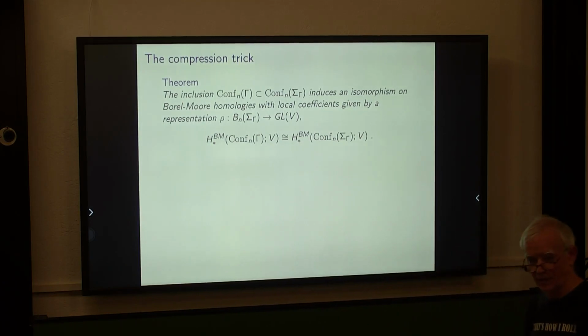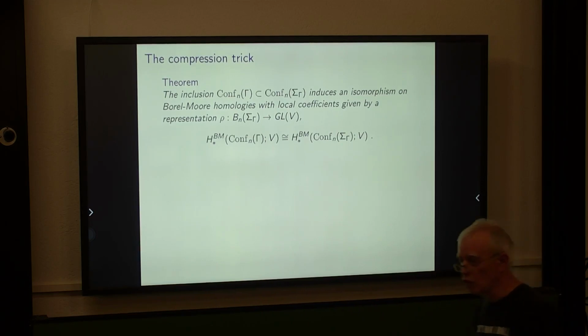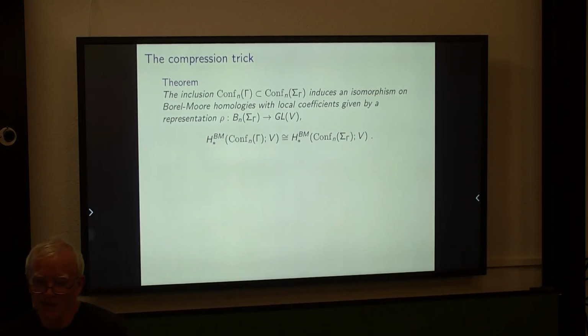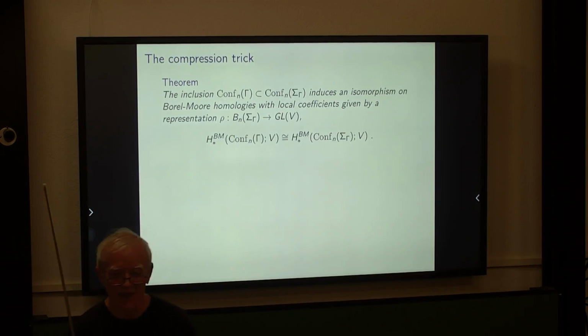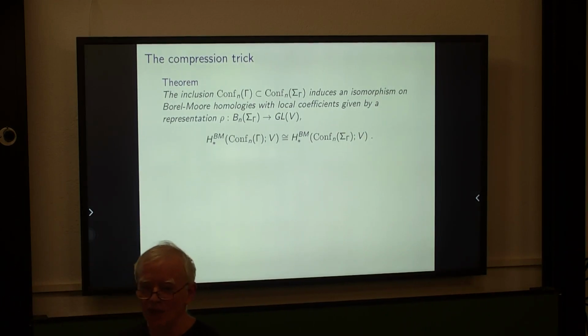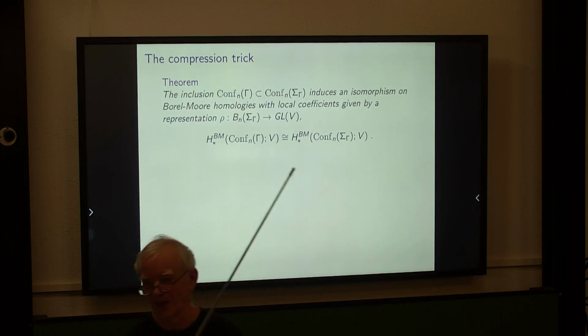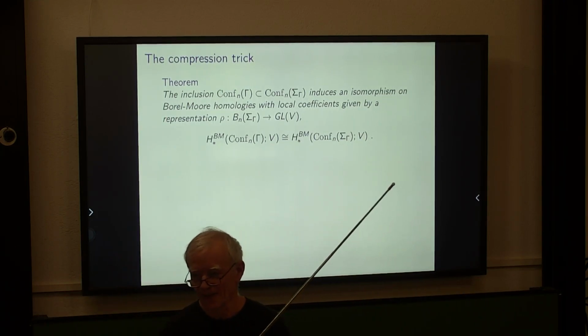Pi 1 of the space on the left-hand side is much simpler than pi 1 on the right. It could be that in many cases pi 1 is the same. It's not obvious, but in many cases pi 1 is the same. In the stupid cases where you take a circle, this graph could be 2 points making a circle, then the pi 1 will not be an iso.